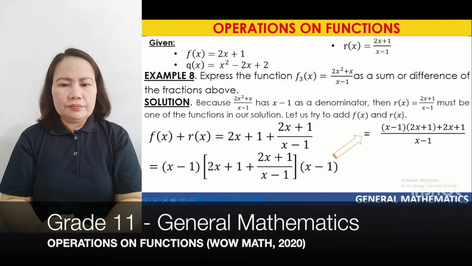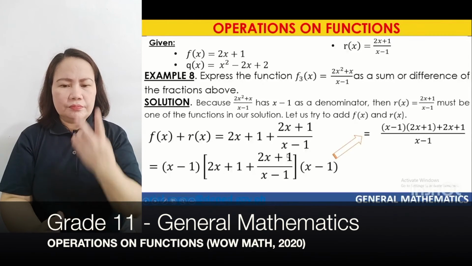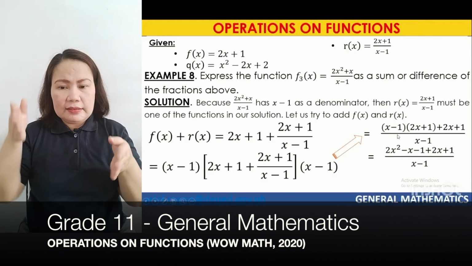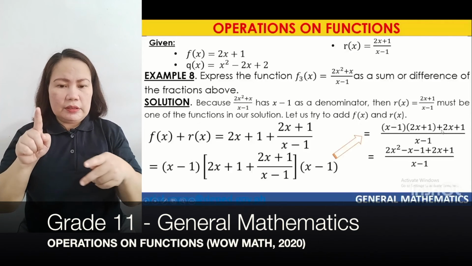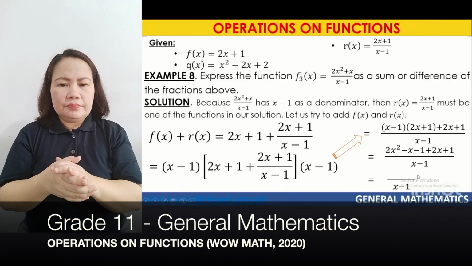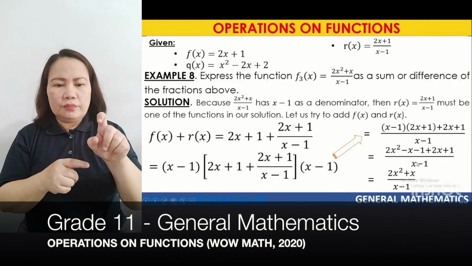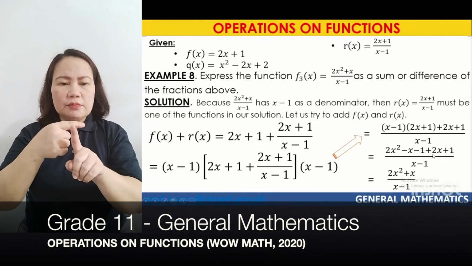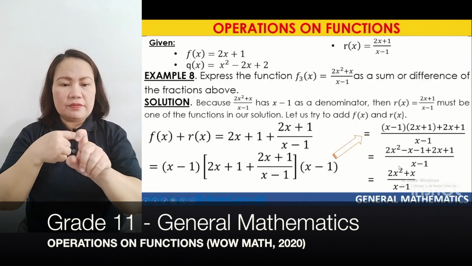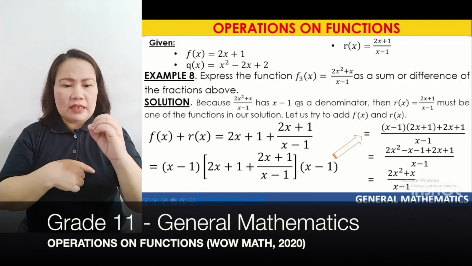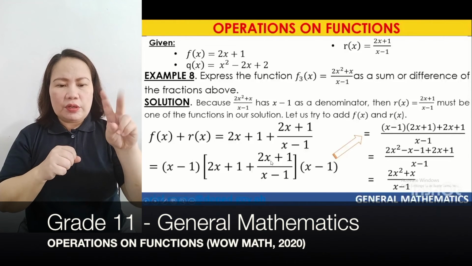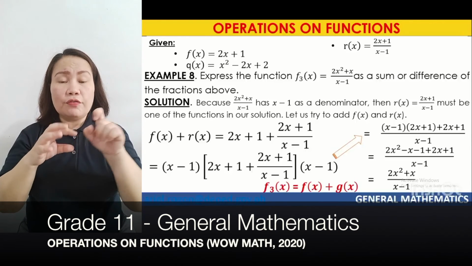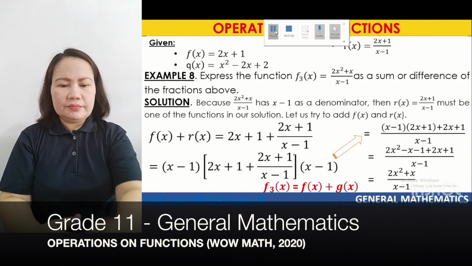So, x minus 1 times 2x plus 1 plus 2x plus 1, that must be 2x squared minus x minus 1 plus 2x plus 1. So, the final answer will be 2x squared, because negative x plus 2x is positive x. Negative 1 plus positive 1 is 0. So, therefore, this is the sum of f of x and r of x. Okay.